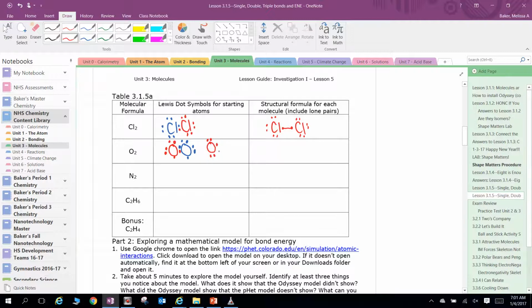So here's a lonely one, here's a lonely one. Kind of going against the rules of our original drawings here. And so we're going to show that there is indeed a double bond between these 2 oxygens.